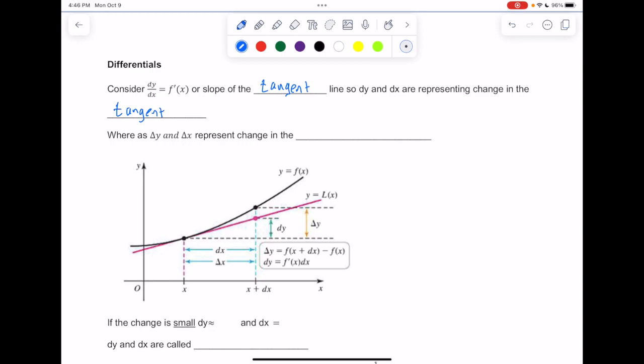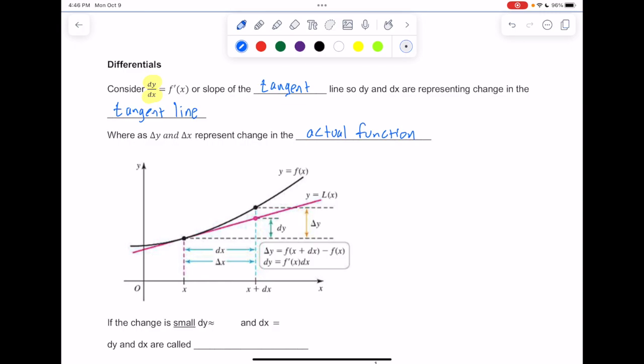When we're writing that in the calculus setting, we express the change in y as dy and the change in x as dx if it's for the tangent line. But if the change is for the actual function, we represent it as delta y and delta x. So that can be a pretty confusing idea.